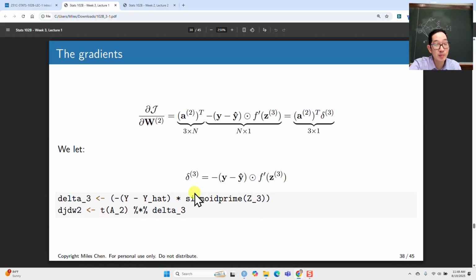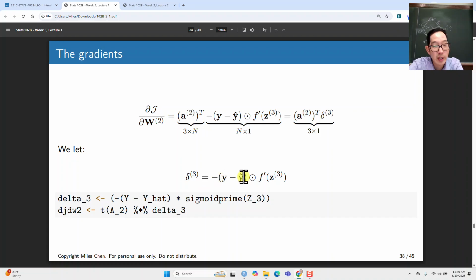And then we have the gradients, right? So we went through all of the work and we said our gradient is going to be A2 transpose times negative of Y minus Y hat times f prime Z3, and that's what we have here, okay? And so here I'm going to call this part delta 3.